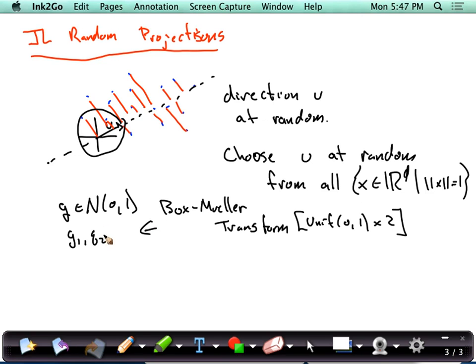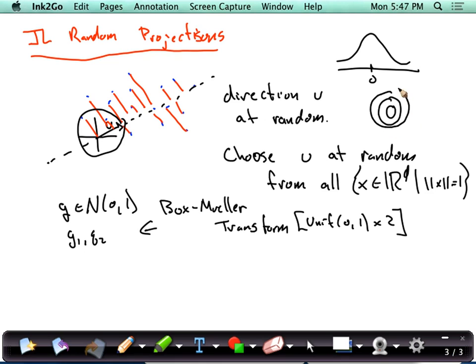And the nice thing about the normal distribution: in 1 dimension, this was the Gaussian distribution centered at 0. But you can define this Gaussian distribution in higher dimensions, and it's perfectly symmetric.